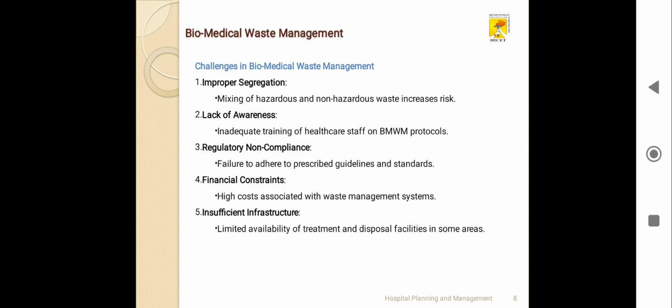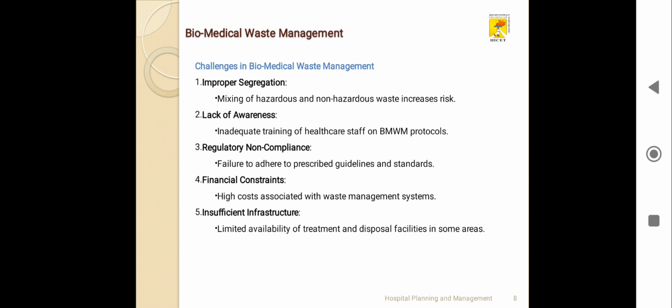Challenges in biomedical waste management. What challenges are faced? Segregation: mixing of hazardous and non-hazardous waste increases the risk in handling the waste. Lack of awareness: inadequate training of healthcare staff means they are not serious about segregation and are not following the protocols.